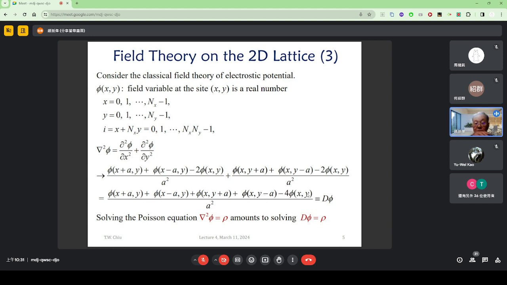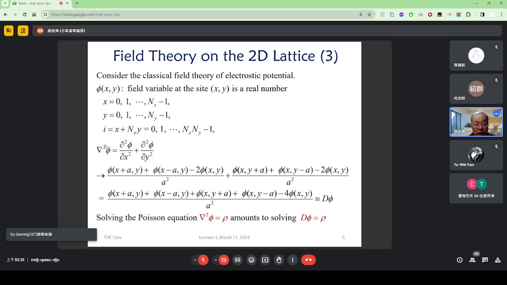Because in 2 dimensions, x, y, any site has four labels: in the x direction, positive and negative, and in the y direction, positive and negative. So there are 4 labels. And in 3 dimensions, each site has 6 labels.